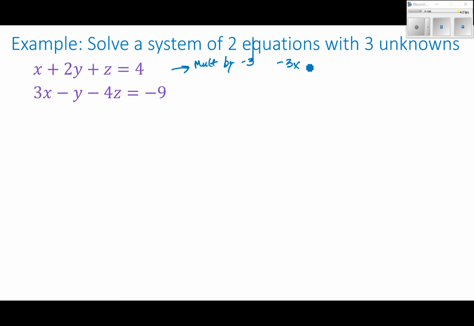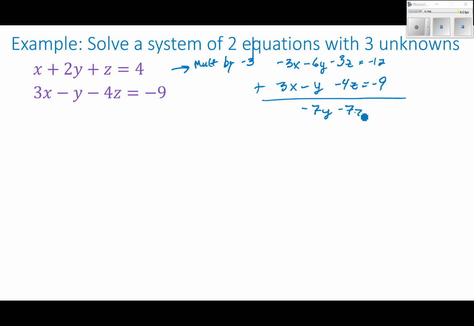So I have negative 3x minus 6y minus 3z equal to negative 12. And then 3x, this stays, minus y minus 4z equals negative 9. Add to eliminate. So I've eliminated the x. So this is negative 7y minus 7z equal to negative 21.